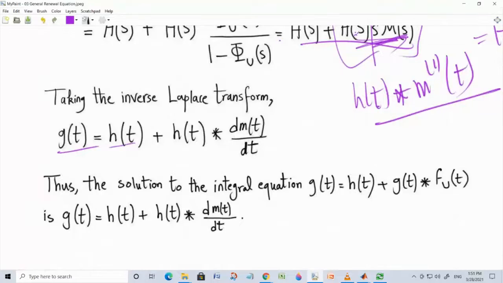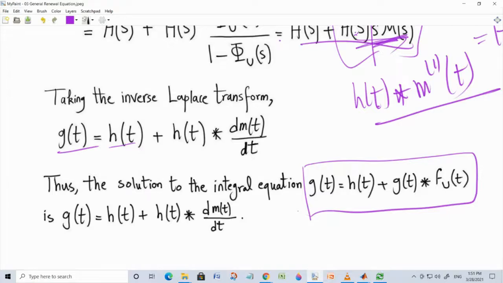So if you have an integral equation that looks like this, g of t equal to h of t plus g of t convolved with the PDF of the non-negative random variable u, then you can solve the integral equation using the Laplace transform technique.